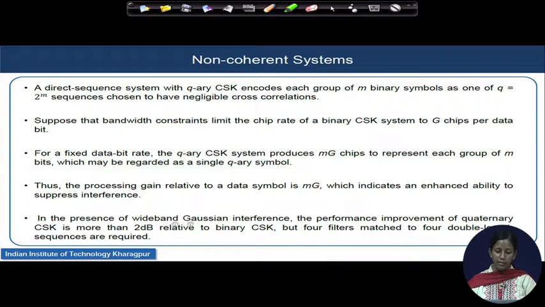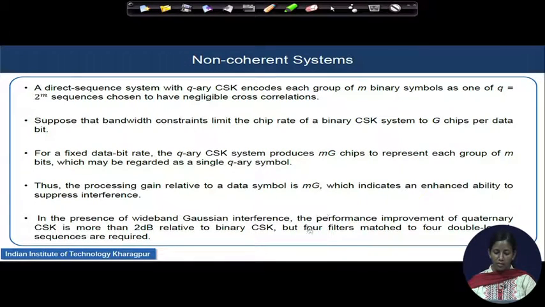And we have seen that in the presence of wideband Gaussian interference, the performance improvement with the quaternary CSK system, which is equivalent to coherent QPSK data-rate-wise, will have more than a 2 dB advantage compared to the binary CSK system.